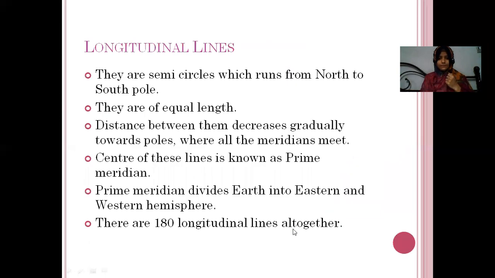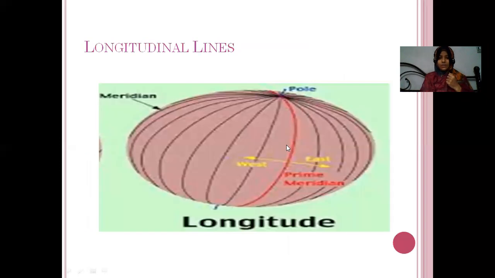They are of equal length. The distance between them decreases gradually towards the poles where all the meridians meet. You can see when they are moving towards the pole, the distance between them decreases. This is the example of North Pole, and exactly the same happens when they move towards the South Pole.